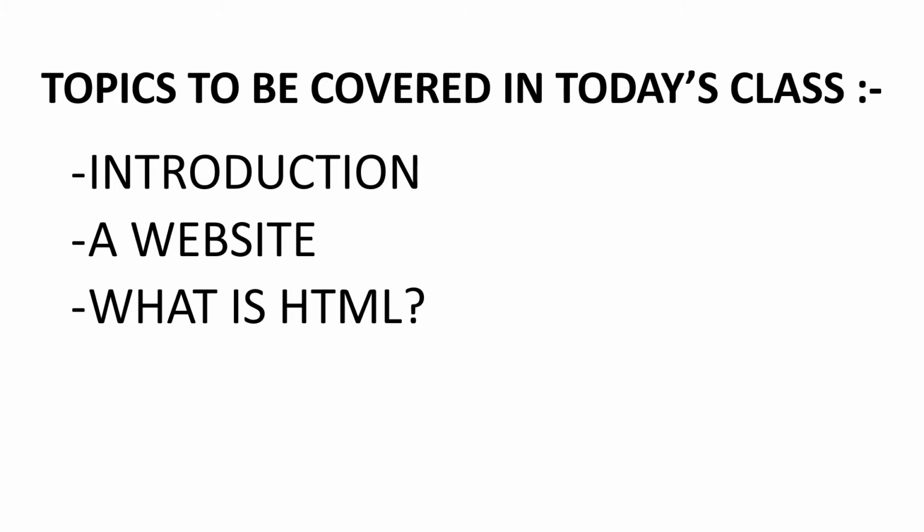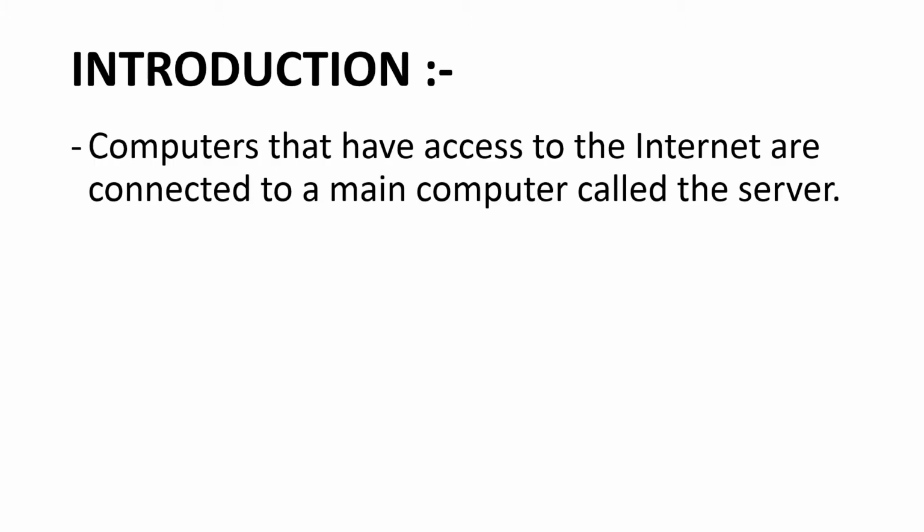Let us start. Now, before starting the main chapter, one thing you need to understand, that is computers that have access to the internet are connected to the main computer called the server. In our school, in computer lab, you have seen that few of the PCs are connected to internet, okay, and these few PCs are accessed by a main computer, okay.